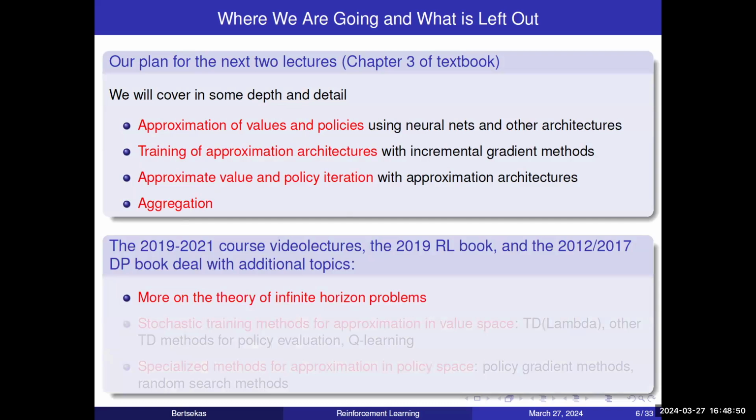Note that we have left out a lot of ideas or topics that have been covered to a larger extent in previous offerings of the course, as well as the textbooks in 2019 and the theoretical monographs on dynamic programming. This includes a lot more theory of infinite horizon problems.